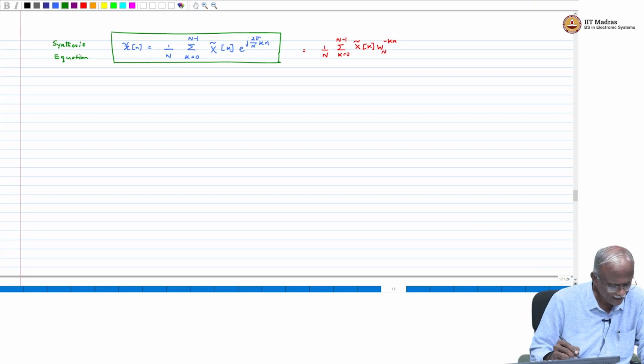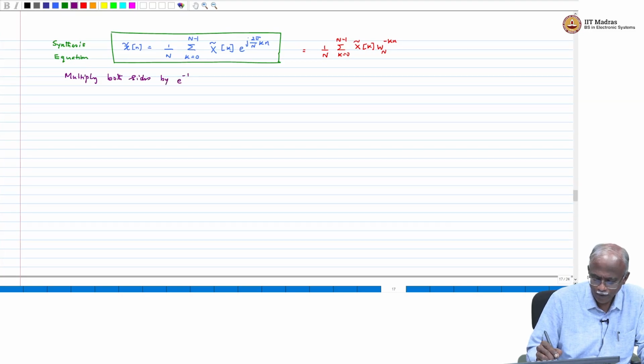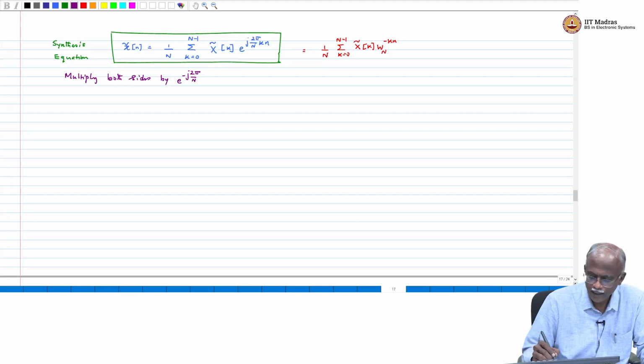So take the synthesis equation, multiply both sides by e power minus j 2 pi by N ln, and take the summation.